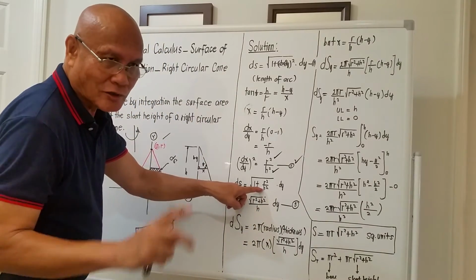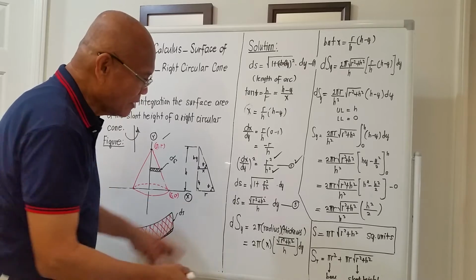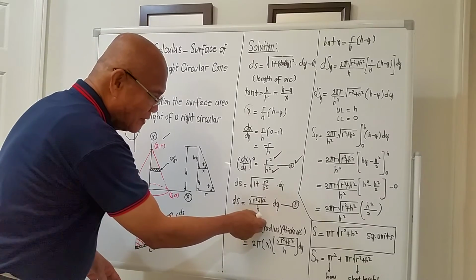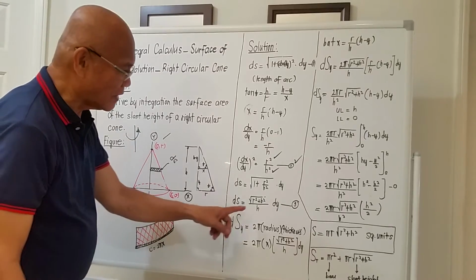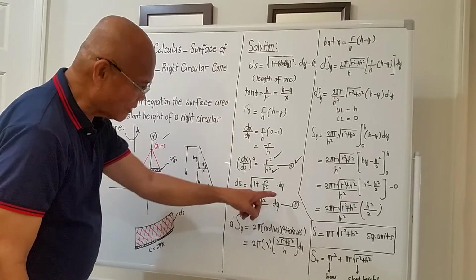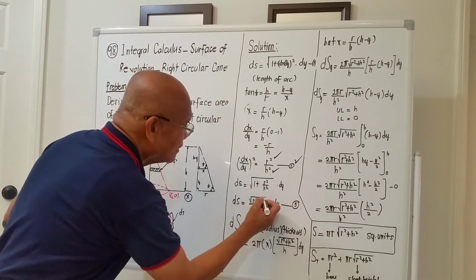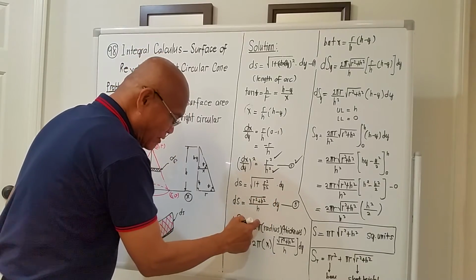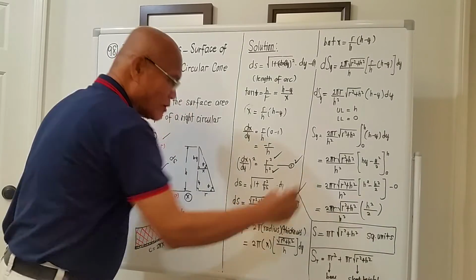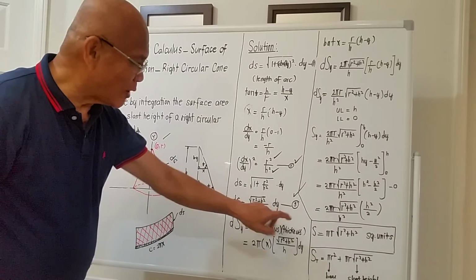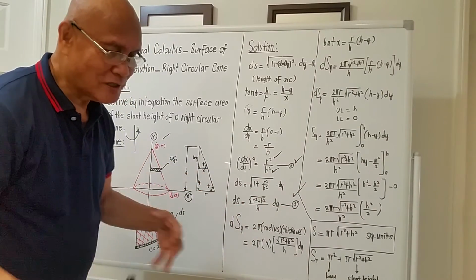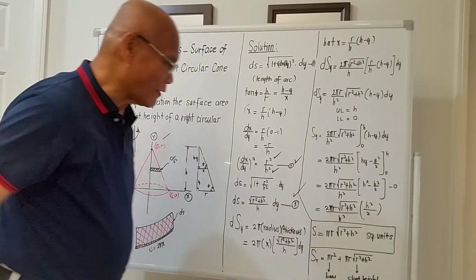It's a perfect square, so I take the square root of it already, so that will be h. So the differential length of arc for a right circular cone is actually the square root of r square plus h square, over h, times dy. I will call this equation number 3. Why do I mark it as equation number 3? Later on, I will go back to this, so it could be easy for my eyes to go back, okay?